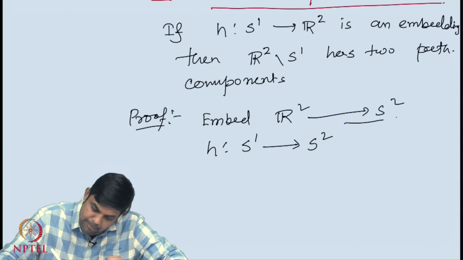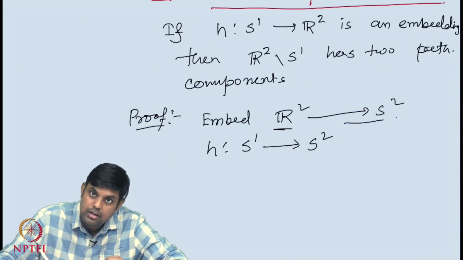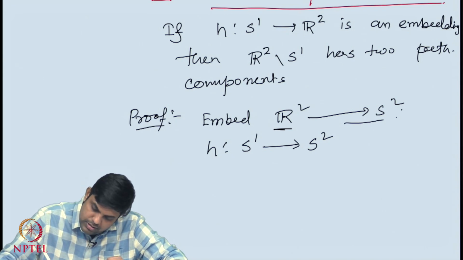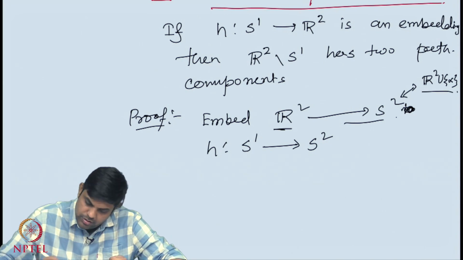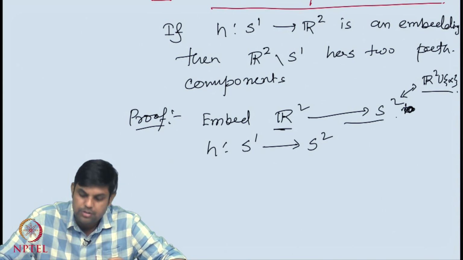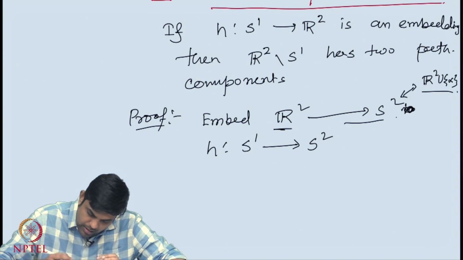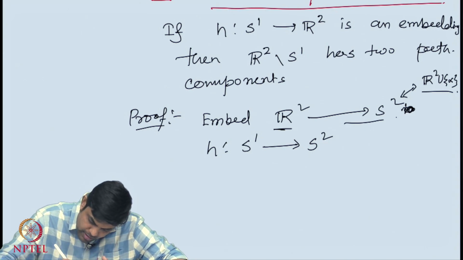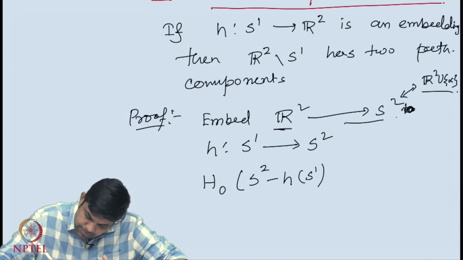In this embedding, I can think of R2 as homotopy equivalent to R2 union infinity. So, h going from S1 to S2, by our earlier result, gives the reduced H0 of S2 minus h of S1.